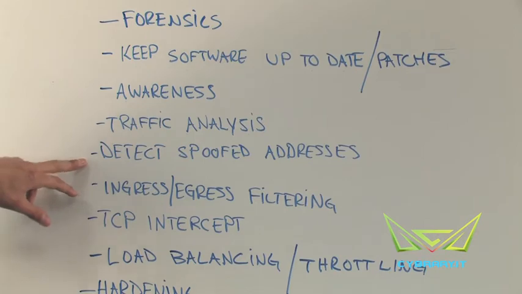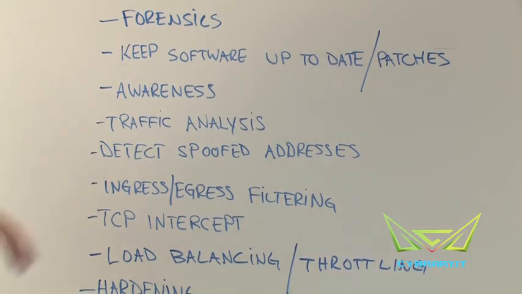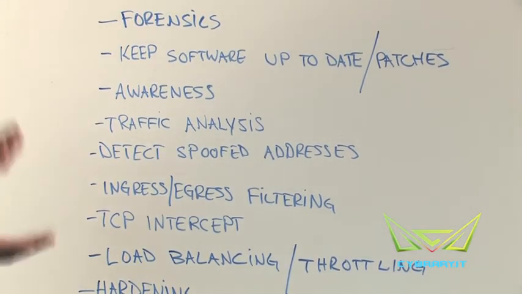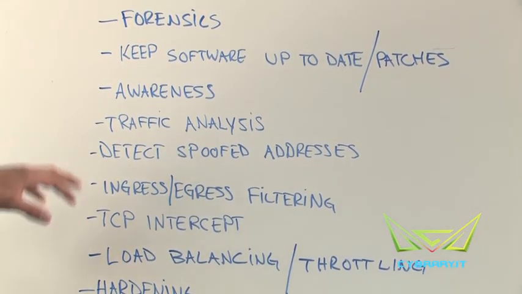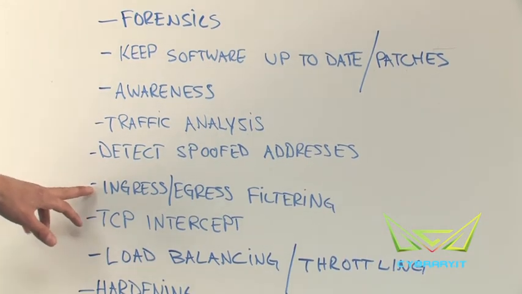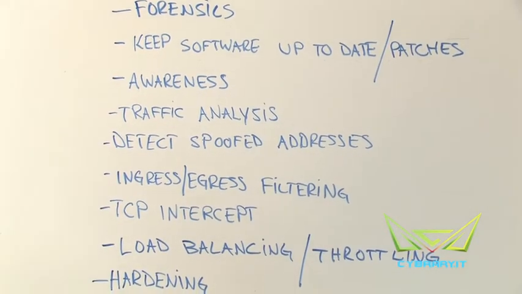You maybe detect spoofed addresses, since the attackers like to use middlemen or middle agents in between the attacker and the victim. Well, if you can analyze the traffic and see that there's a spoofed address, go ahead and block that.